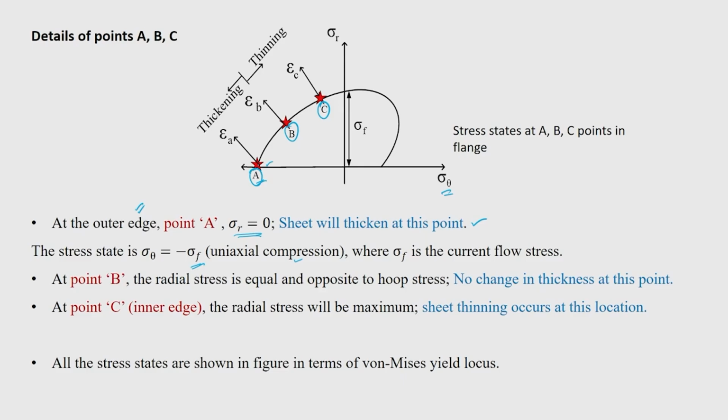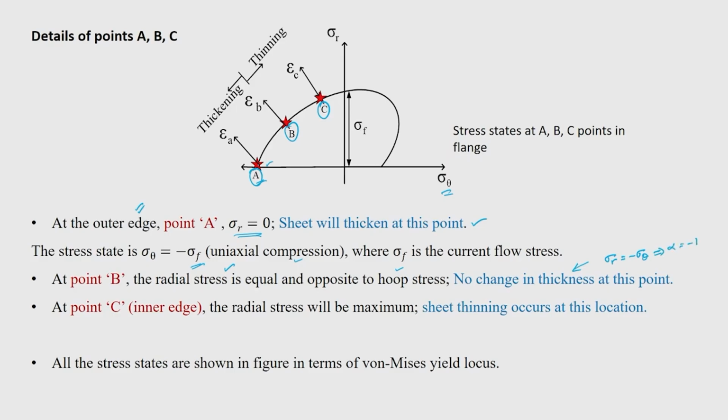Now when you go to point B, we are picking up point B in such a way that the radial stress is equal and opposite to the hoop stress. Your radial stress sigma r is equal to minus sigma theta. That is what we have said at point B. They are equal and opposite, and this will give your alpha as minus 1.